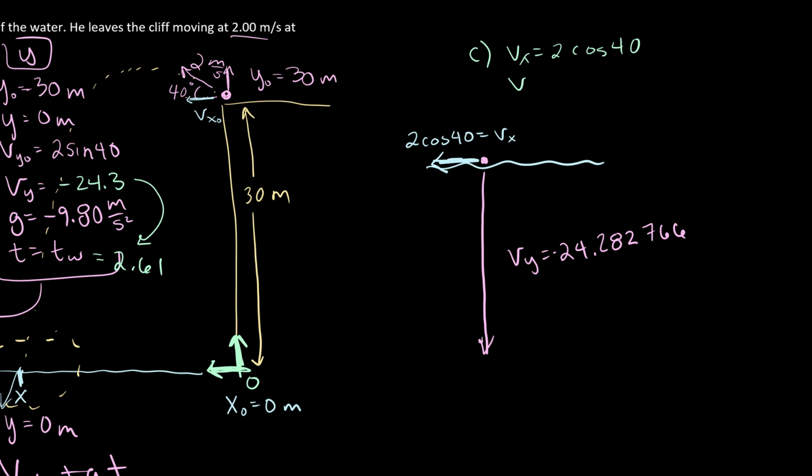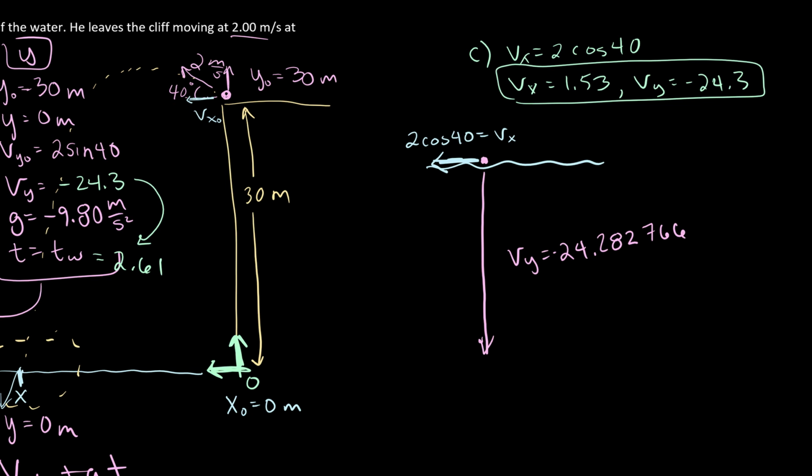Which would be 1.53. So Vx equals 1.53 and Vy equals negative 24.3. So that's what you could report for the vector. If you want that, that's perfectly fine. We could also report the magnitude and direction of this. So we could report V and this angle theta here if we wanted.